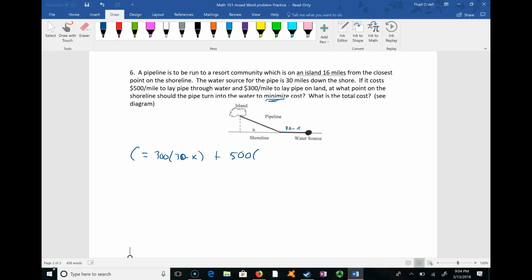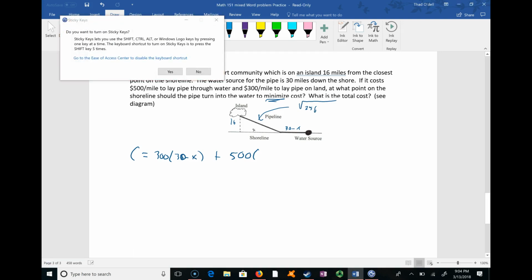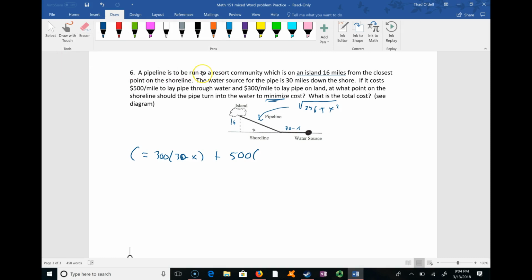And of course that is, let's see, that's 16. So this is going to be the square root of 16 squared, which is 256, plus x squared. Okay, so that would be in here 256 plus x squared to the 1/2 power.